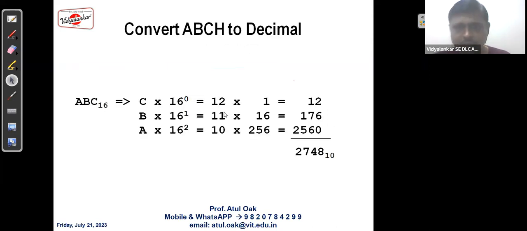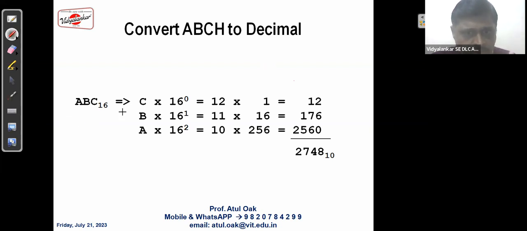Let's map it to an example. This is the question: we have to convert ABC hexadecimal to decimal. Let's start.